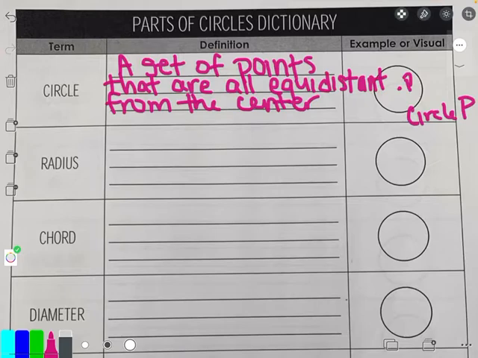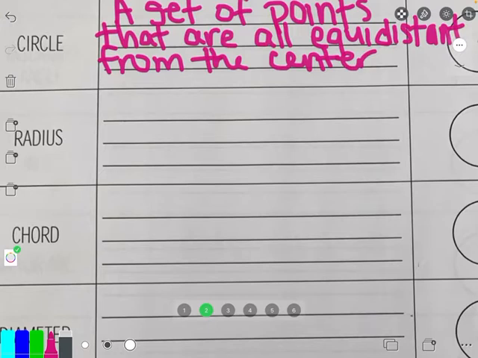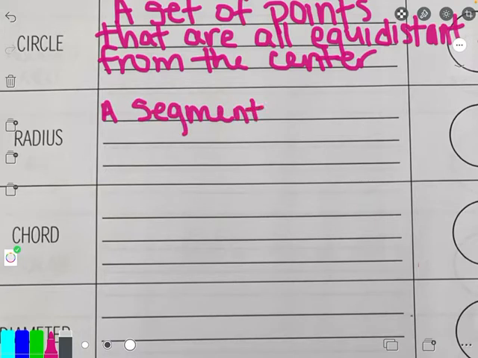The next part, I'm sure it is familiar to you, is a radius. And a radius is a segment, a line with endpoints. And the endpoints are in the center. One is in the center, one is on the circle.